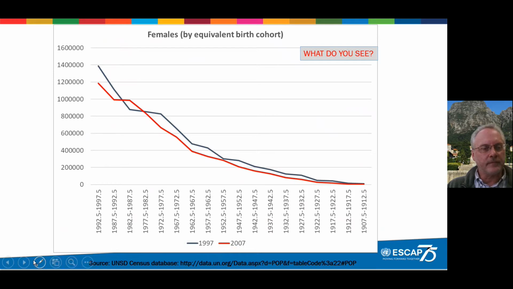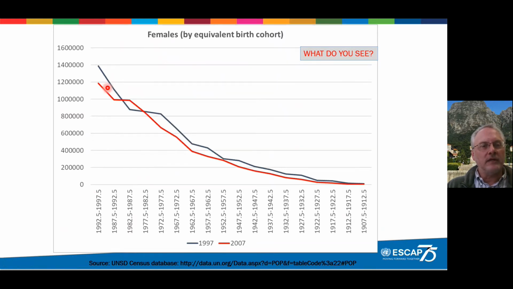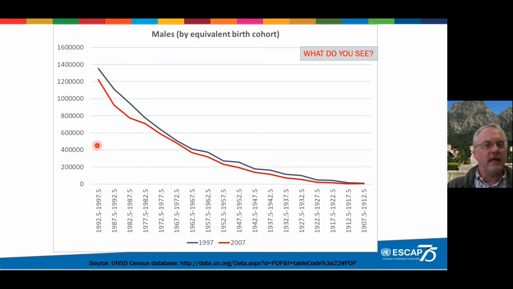censuses. We can do the same exercise for males by equivalent birth cohort. So this is an identical plot to the previous one. And whereas there were these points of discrepancy here amongst the females aged 10 to 14 at the time of the first census and 20 to 24 at the time of the second census, that is not evident in the data on males.